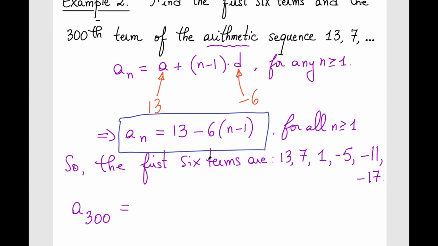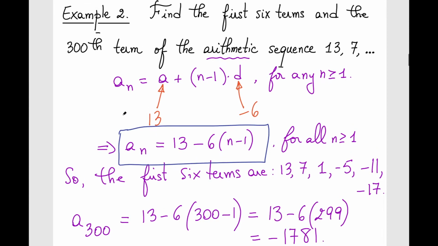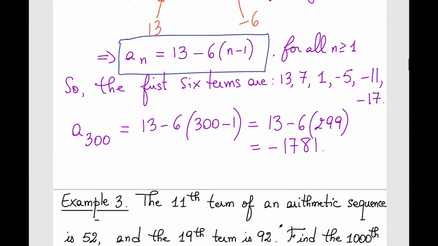Well, if you want the 300th term, take the recipe and replace n by 300, and you get 13 minus 6 times 300 minus 1. Okay, and 300 minus 1 is 299. So 13 minus 6 times 299. And if you do the math, this is minus 1781. So the term of rank 300 in this arithmetic sequence is minus 1781.